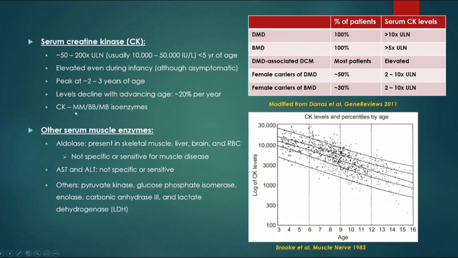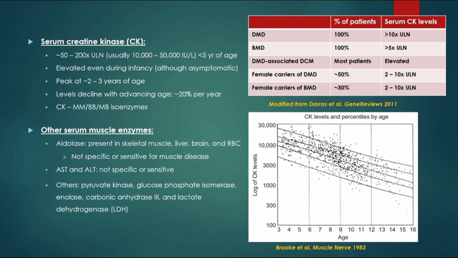And as we know, CK has 3 isoforms: the MM, the muscle isoform, the brain isoform, and the cardiac isoform. MM, we expect that it should be elevated, and it is elevated in the majority of patients, actually all the patients. However, when there is regeneration of muscle fibers, the CK reverts back to the fetal isoform, and that is MB.